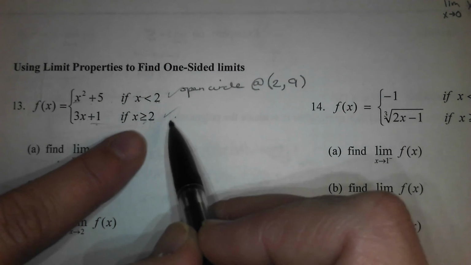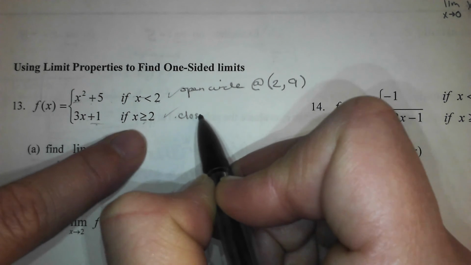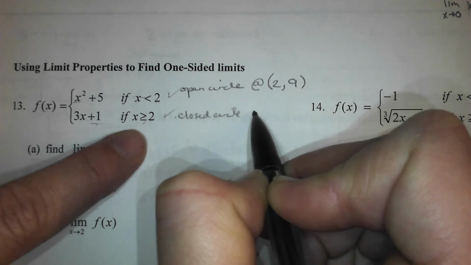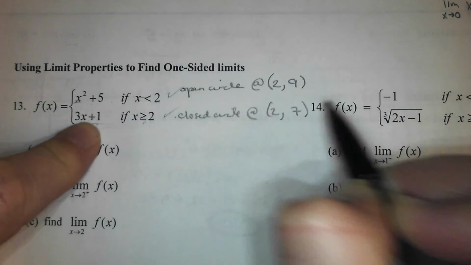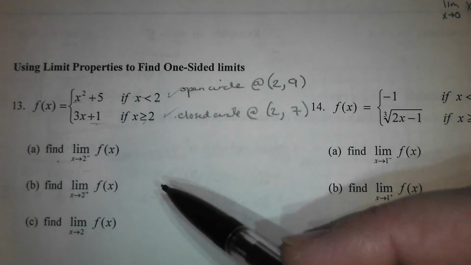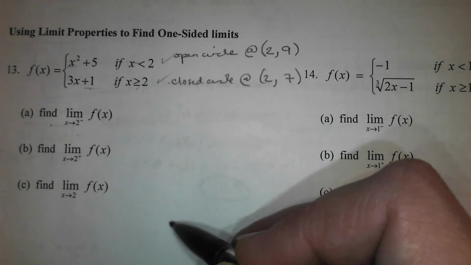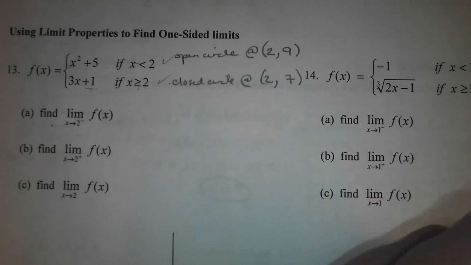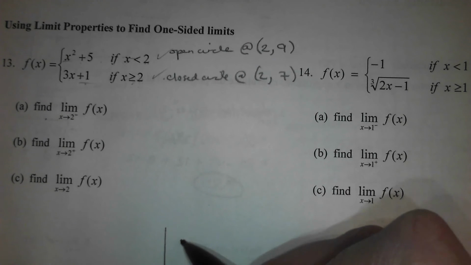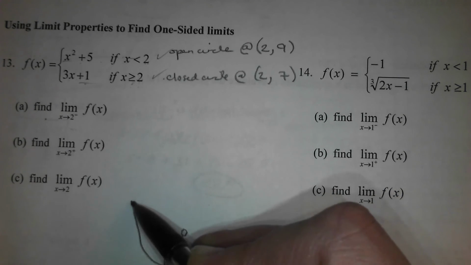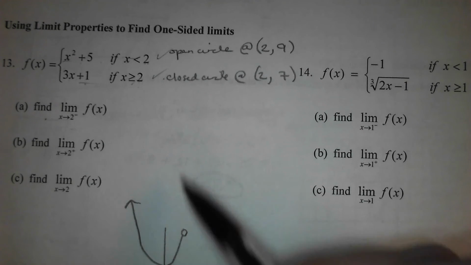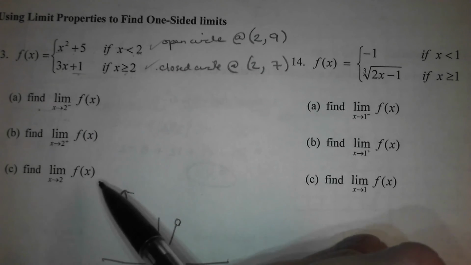The next piece is going to begin with a closed circle at 2 comma 7, we said. So one graph is ending at 2, 9, I should say, with an open circle, and that looks something like this, because we only want to see that quadratic to the left of 2.